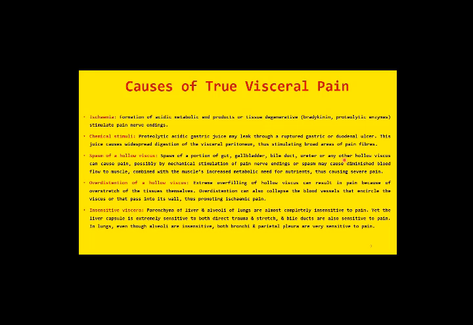And the thing to remember is that there are some viscera which are almost insensitive to pain. Parenchyma of liver, the alveoli of lungs, these have unique properties and these structures are almost completely insensitive to pain.